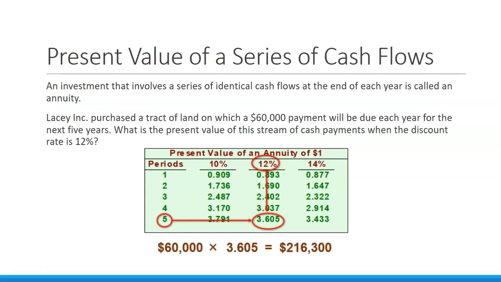We can also use present value tables. So when we have present value tables, we use a factor. When we have identical cash flows at the end of each year, we call that an annuity. So if we're trying to calculate the present value of an annuity, we have a tract of land where we're going to have a $60,000 payment, which is due each year for the next 5 years.